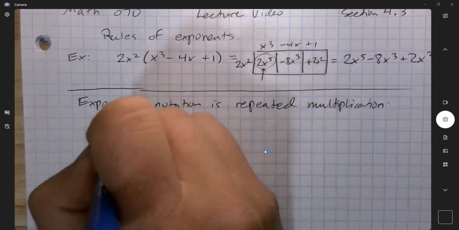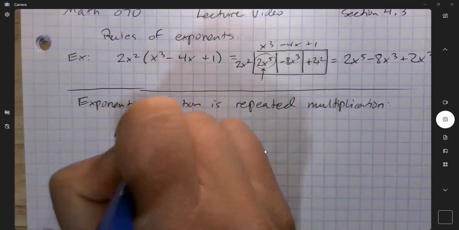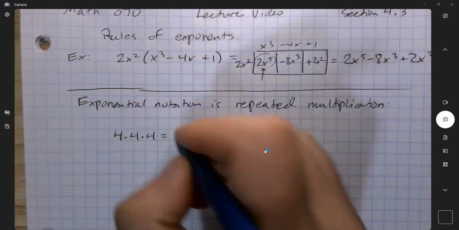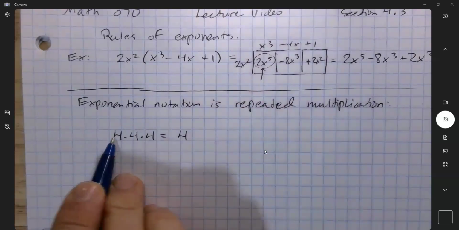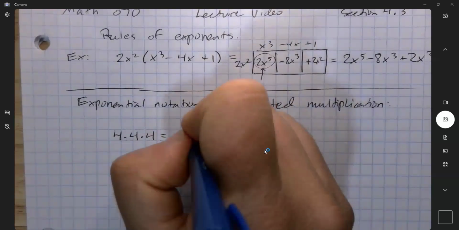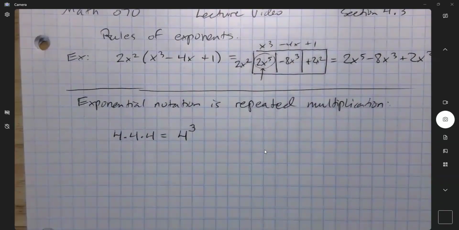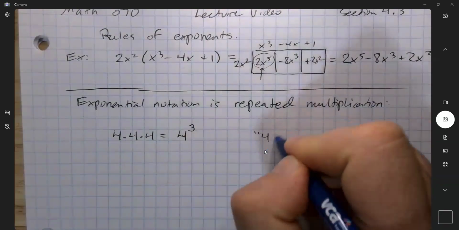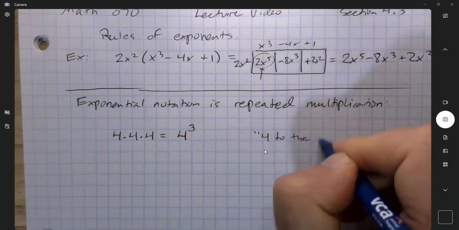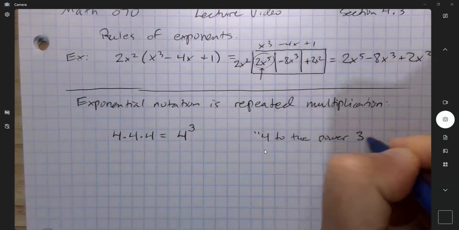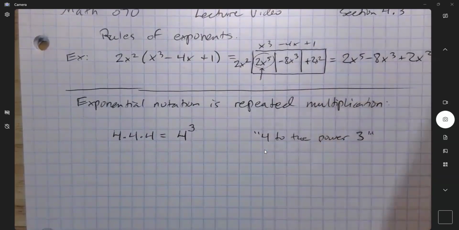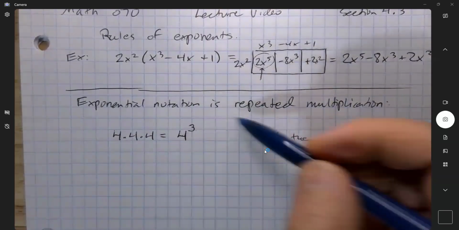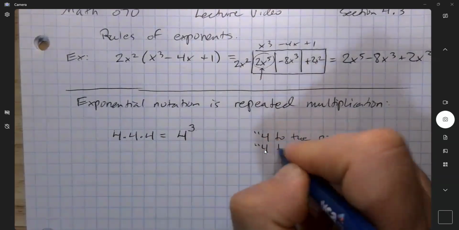If I want to write 4 times 4 times 4 and I'm feeling lazy, I say, well, I'm multiplying 4 by itself 3 times, and that's my exponential notation. 4 to the power 3 is how we normally read it. We might say 4 cubed or 4 to the third.